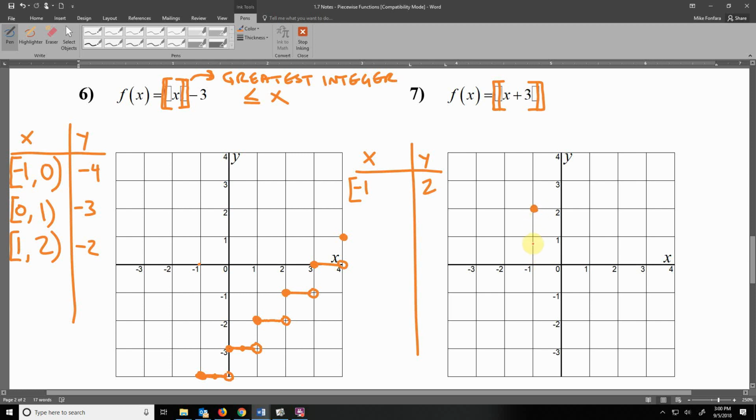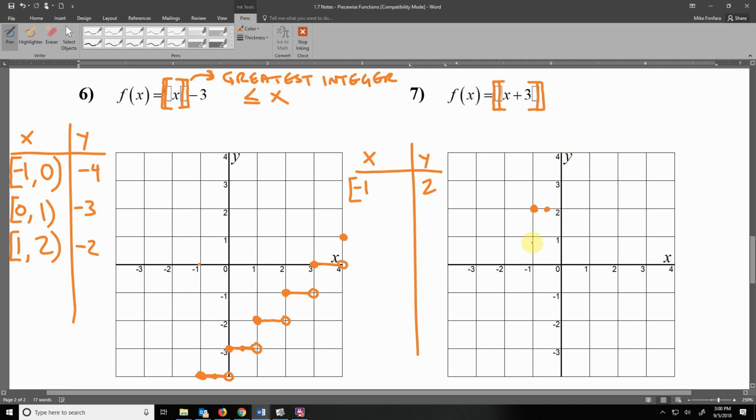If I put in -1/2, and I add that to 3, I'm going to get 2.5, and the greatest integer less than or equal to that is 2. So when I input -1/2, I ended up with an output of 2.